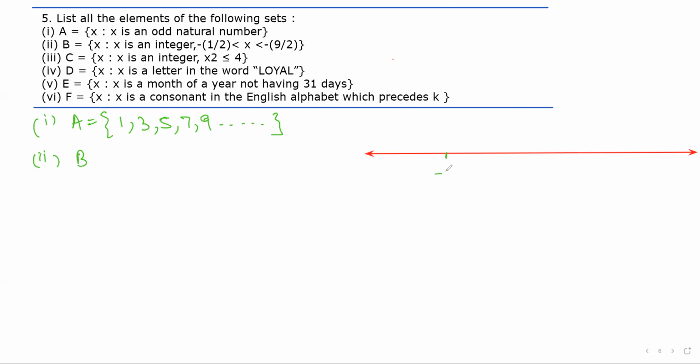This is minus 1 by 2. Let's write it in the form of decimals first, so it's a good idea. Minus 1 by 2 less than x less than plus 9 by 2. It's not minus 9 by 2, it's plus 9 by 2.